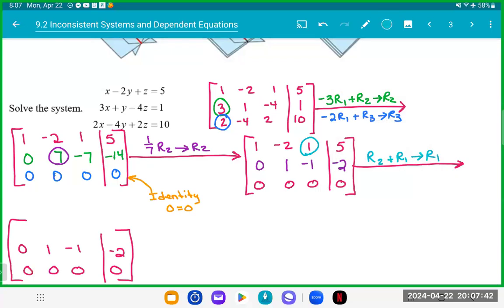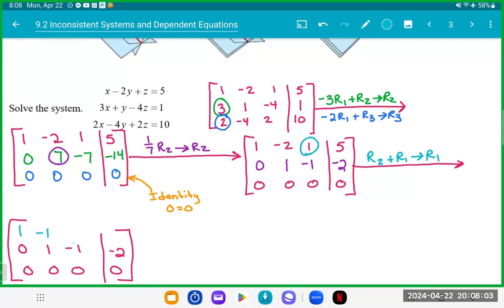Row 1 is going to stay, this is 0 plus 1 is 1. 1 plus negative 2 is negative 1.